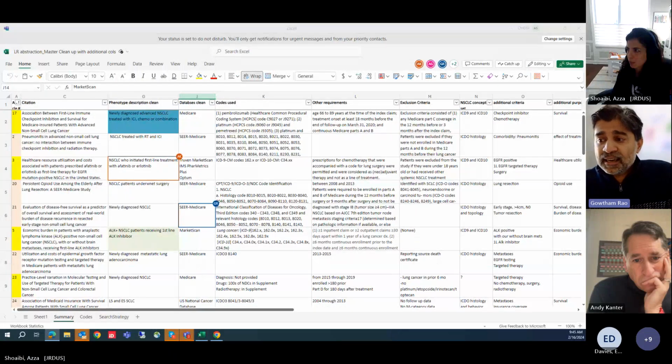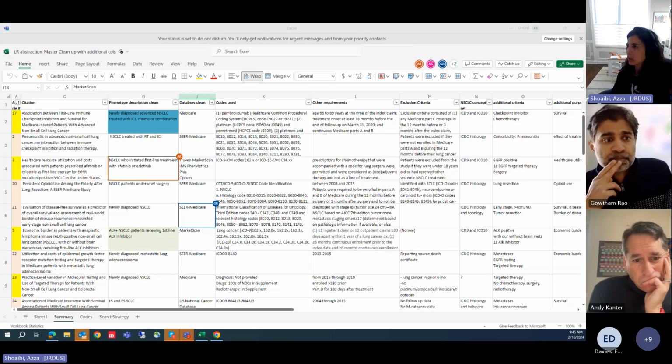Now, some of them have ICD-O, which is not very common, and it's specialized for a registry type of data set, such as SEER, and is not available in general purpose data sources like MarketScan and so on. But most of these data sources that are using MarketScan or some of those commercially available data sets use ICD-9 and ICD-10. Have you guys looked at just those codes and seen if they are similar or dissimilar?